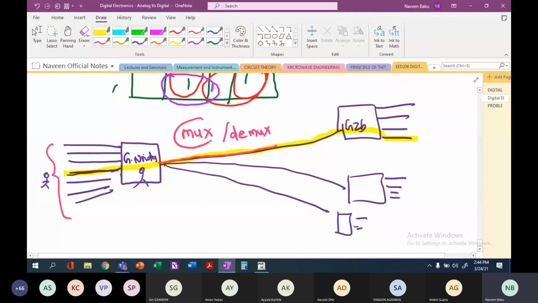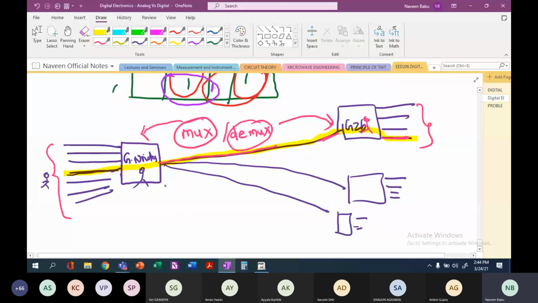This is called the multiplexer connection. What a demultiplexer connection is: from one input, this person is trying to connect it to one output of many outputs. Am I right? So this is called the demultiplexer connection. At this end we have a multiplexer connection. At this end we have a demultiplexer connection.